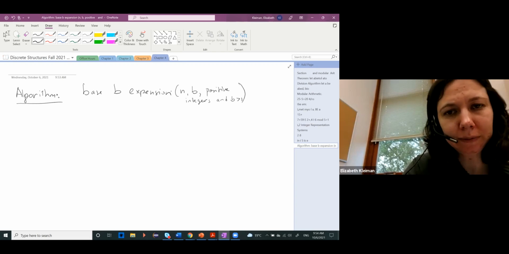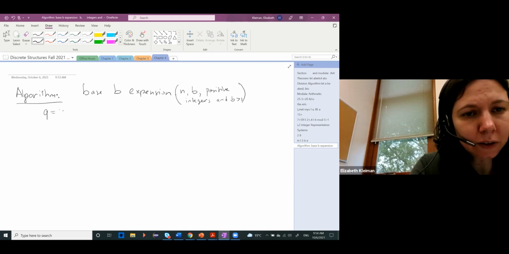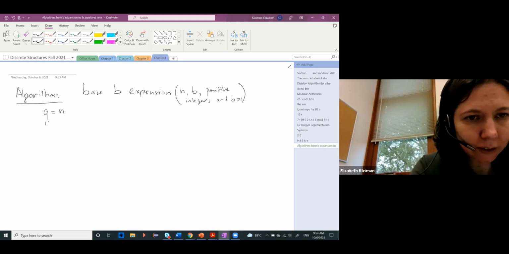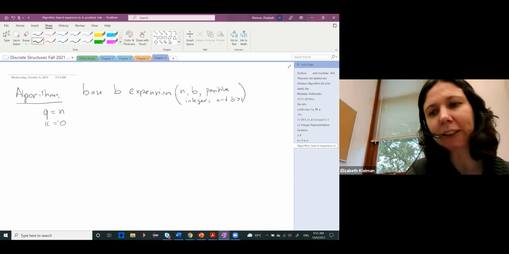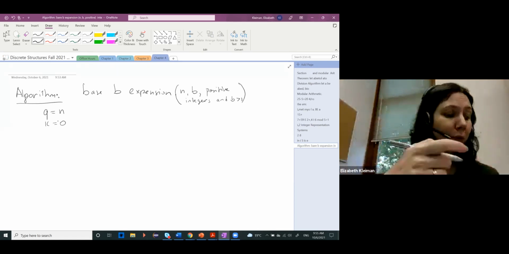This is what we got. So q is going to be n, k is going to be 0. This is how we start, and q and k are going to be our variables, which are going to compute things.